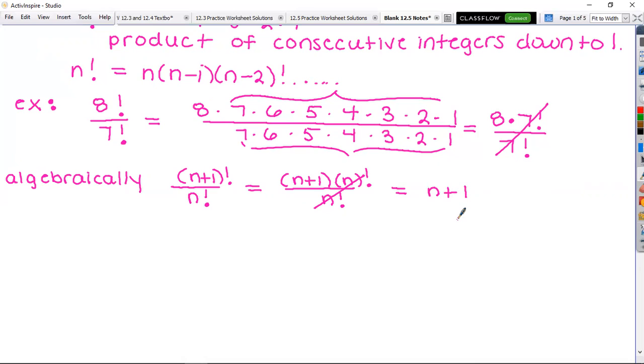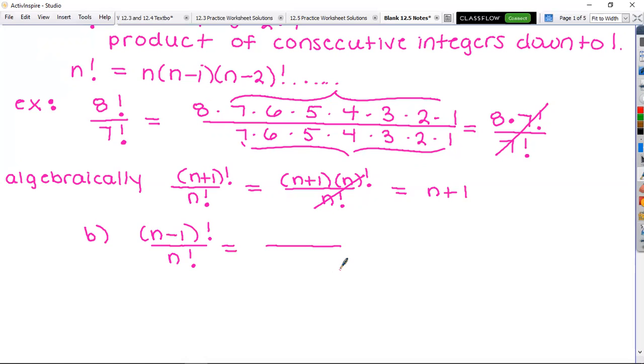I'm going to give you a bunch more because I know it's new to you. I'll call this example B: n minus 1 factorial divided by n factorial. Again, start with the bigger one and keep in mind what the top is that you're trying to get to cancel.